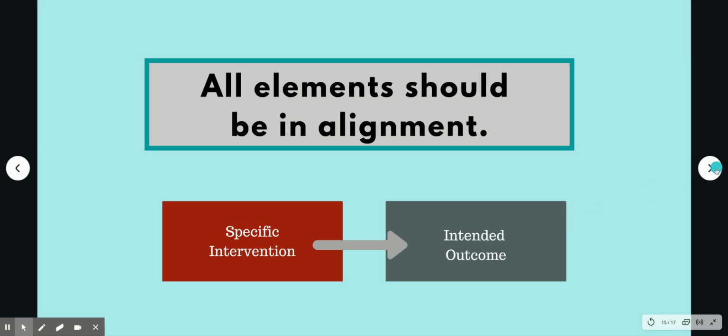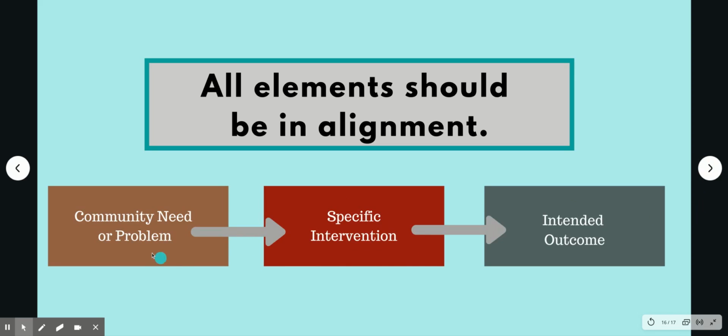So all three of the elements should be in alignment. And your theory of change serves as a base for your logic model, which will further develop your intended outcomes.